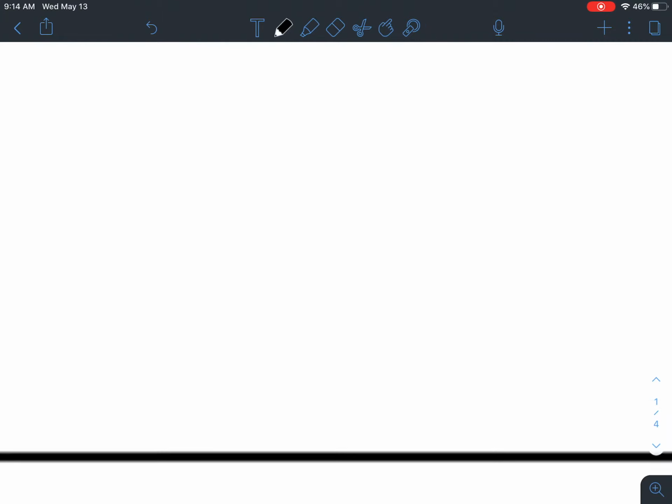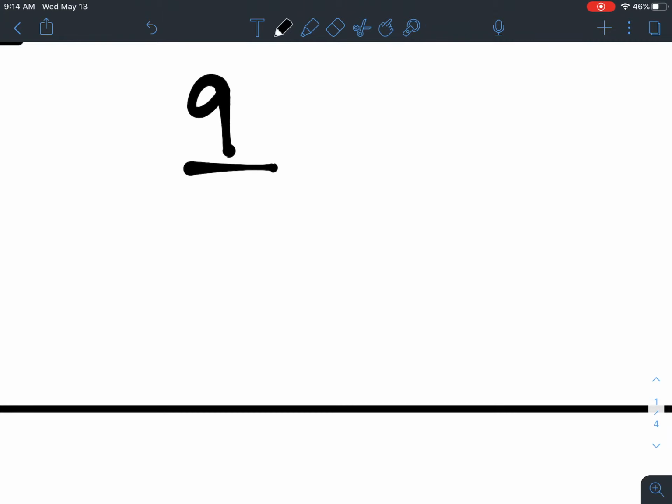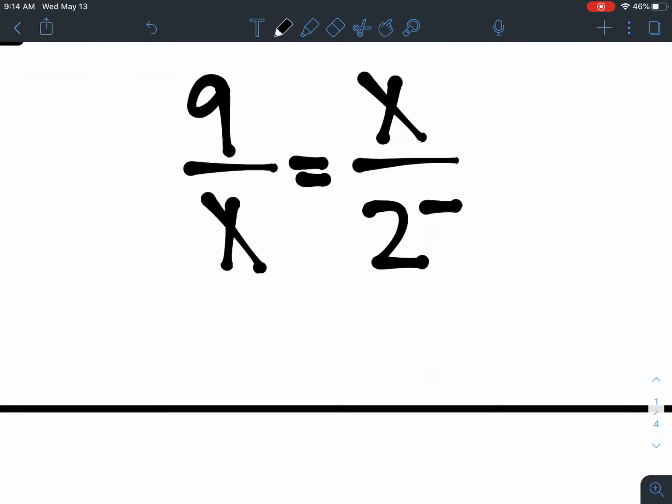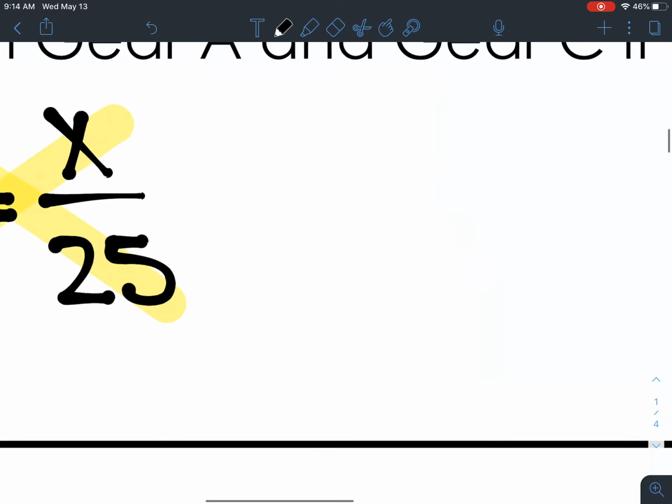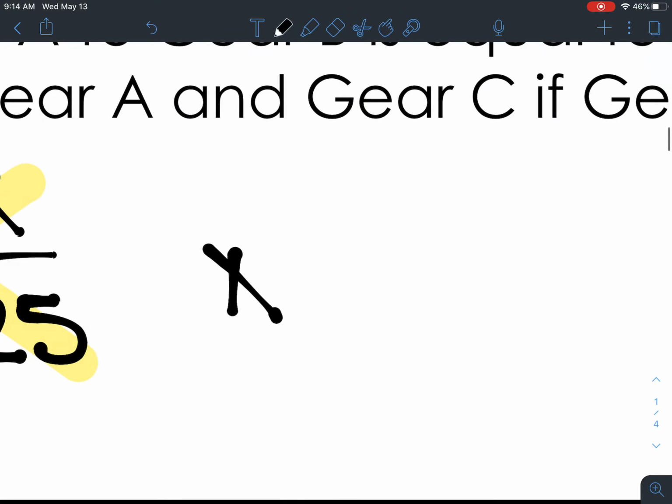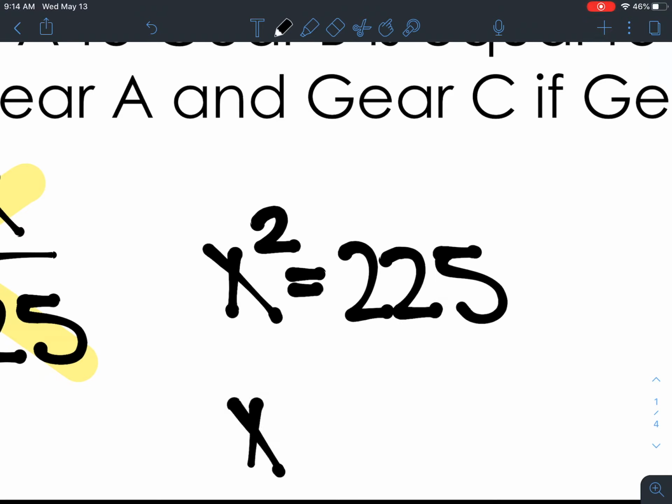So I'm going to do 9 over x equals x over 25. Cross multiply, so x squared is equal to 9 times 25, which is 225. Square root that, and you get x is equal to 15.